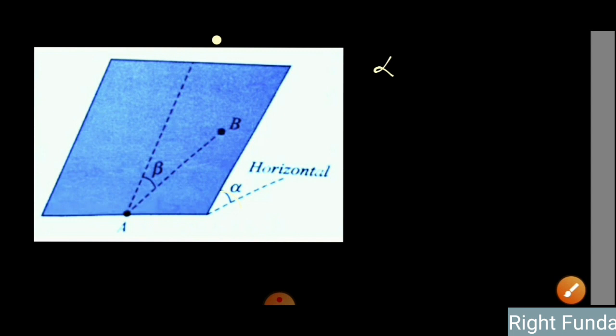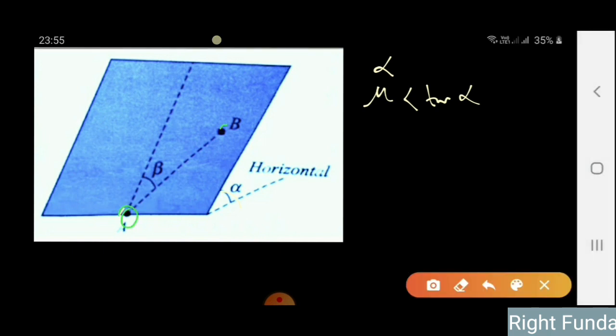So alpha is given and mu is given, and the condition on mu is given: it is less than tan alpha. Now it has a tendency to go down. So you put a charged particle here and another charged particle here, and this has to be in equilibrium. This is the line of greatest slope, parallel to the inclined plane.